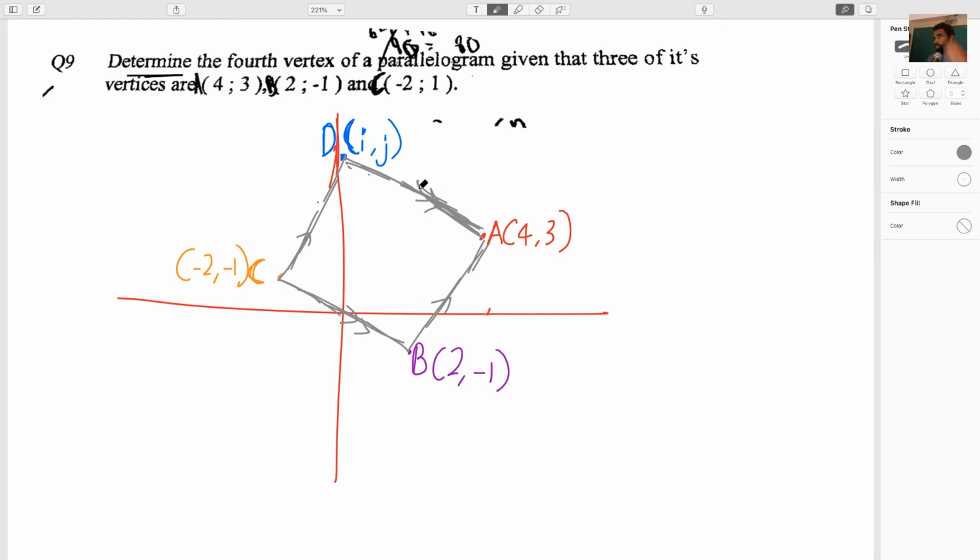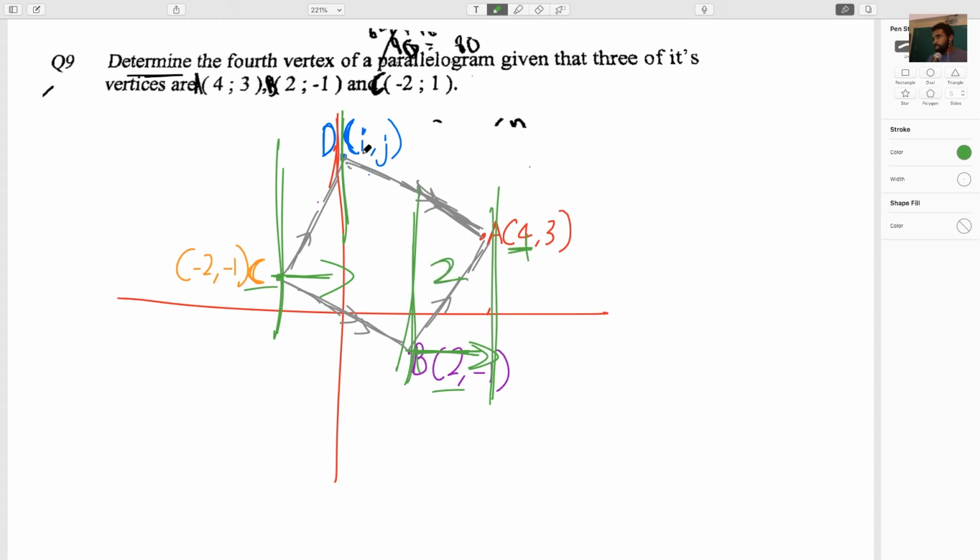Parfait. Let's continue. So here's the main idea for the geometric solution. Basically, you use the properties of a parallelogram. Based on the fact that the lines we've just said are indeed parallel, the x distance from B to A should be the exact same as the x distance from C to D. The distance from B to A is 2 to 4, which is just 2.